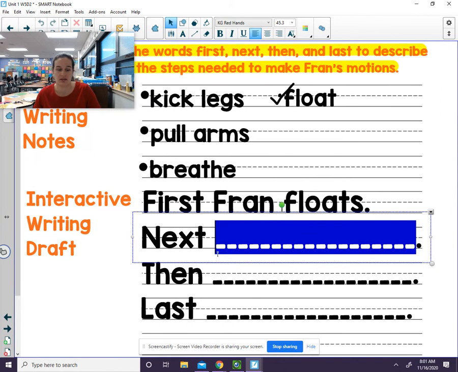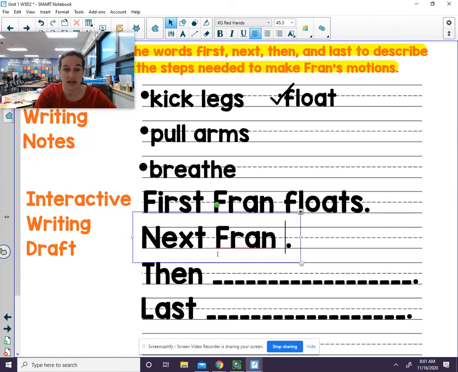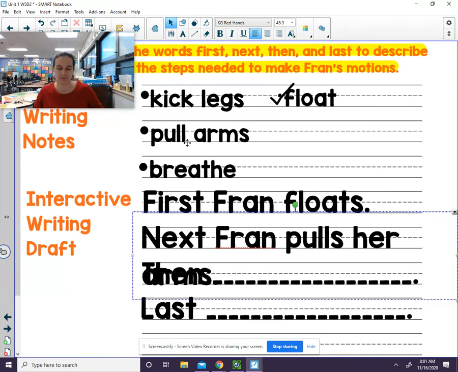Okay, let's think of the next thing Fran has to do. Next, Fran, let's take a look. So after you're floating in the water, kick our legs, pull our arms, or breathe. Well, next, Fran probably pulls her arms because she's going to start pulling herself through the water. So we're going to say next, Fran pulls her arms.